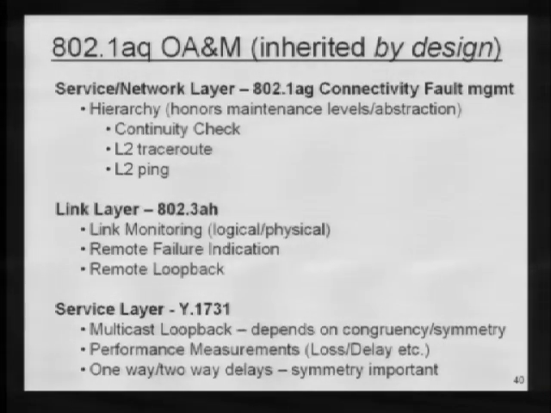In terms of OA&M, as I said, the entire 802.1ag and Y.1731 protocol suite is available, and Srikanth is actually going to show you in his lab some of the layer 2 traceroute, ping, and so forth, which already existed and only required moving to the 802.1aq B-VIDs in order to implement.